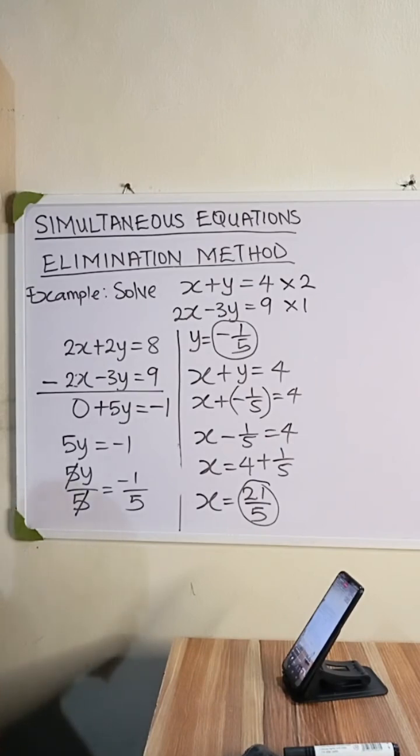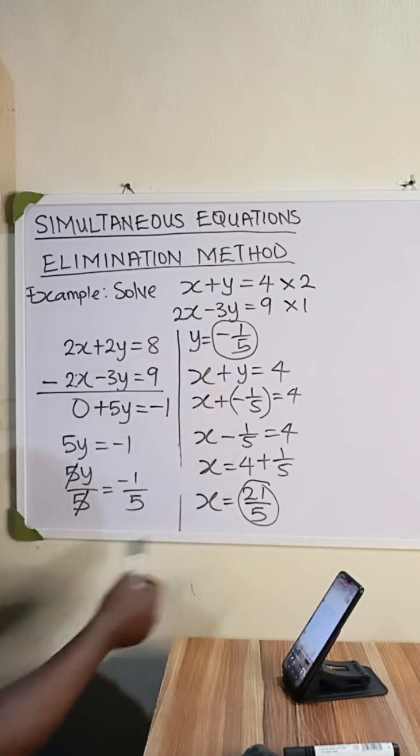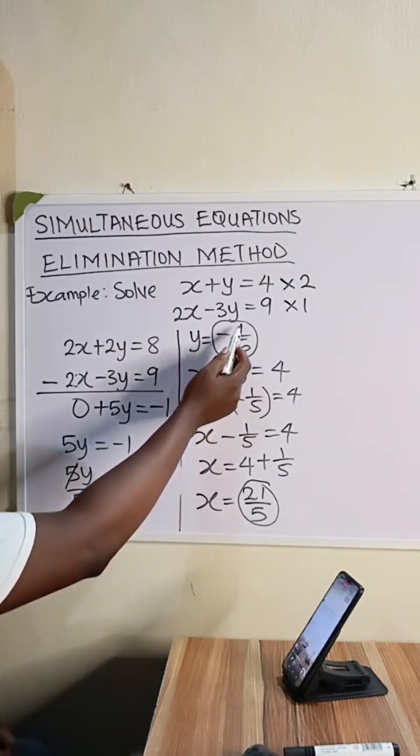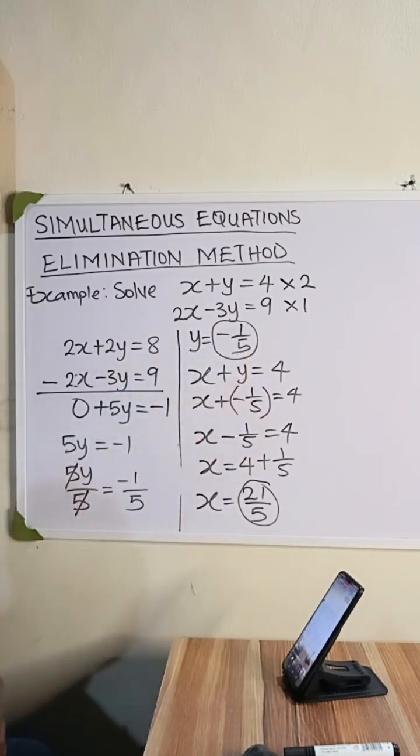So when we got the value of y is equal to minus 1 over 5, you can substitute. What was the answer we got? If I can remember clearly, I think that was the answer we got.